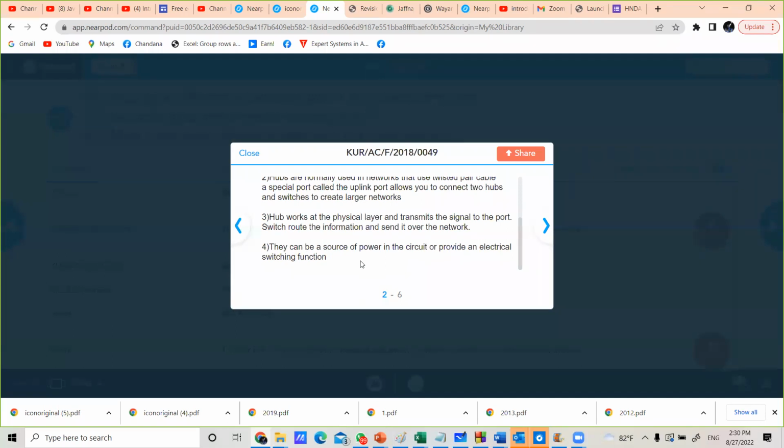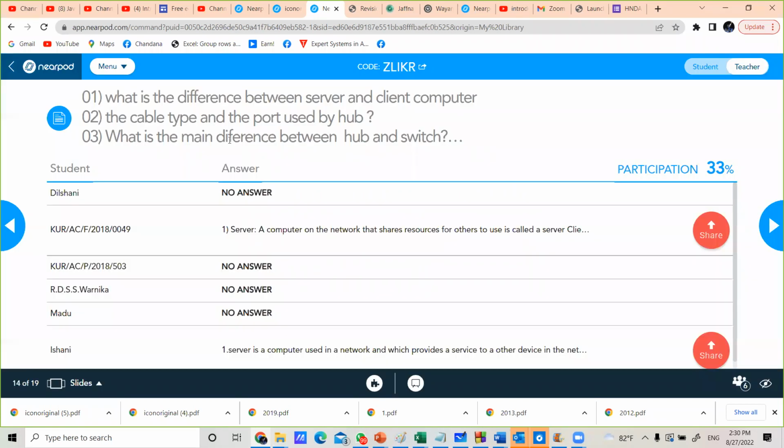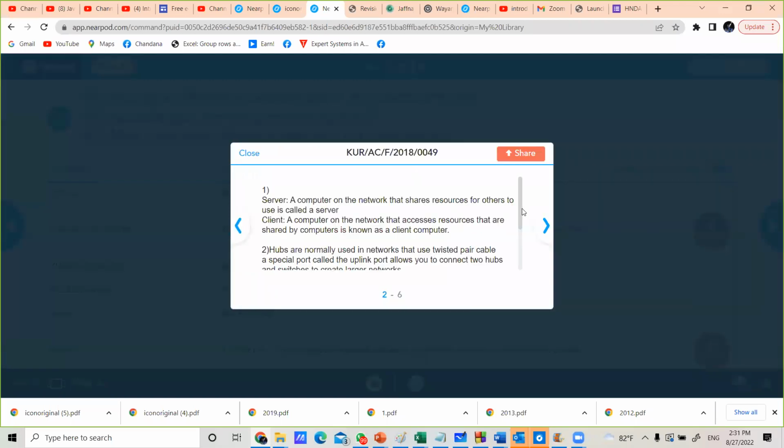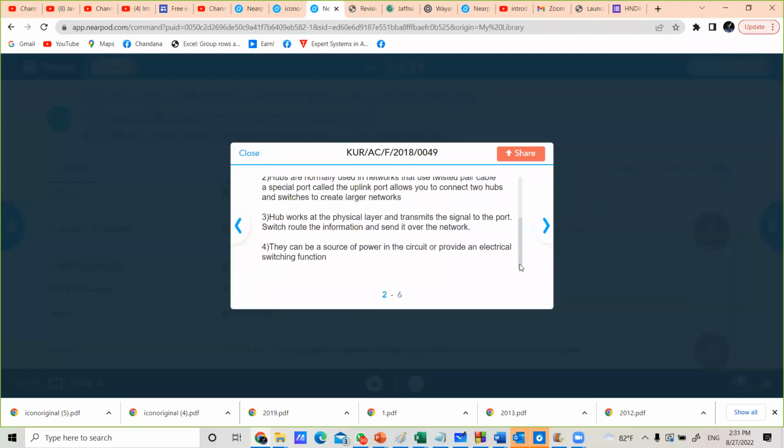Question number 4: they can be a source of power in the circuit or provide an electric switching function. What's the question? Number 4: why is a switch called active? Right? The simple answer is available, which I mentioned earlier. It is enough to give the simple answer. Why is the switch active?